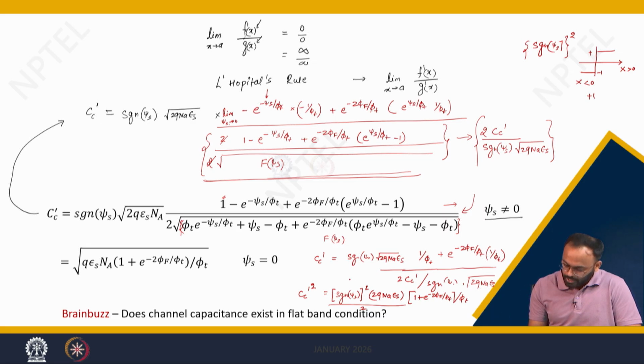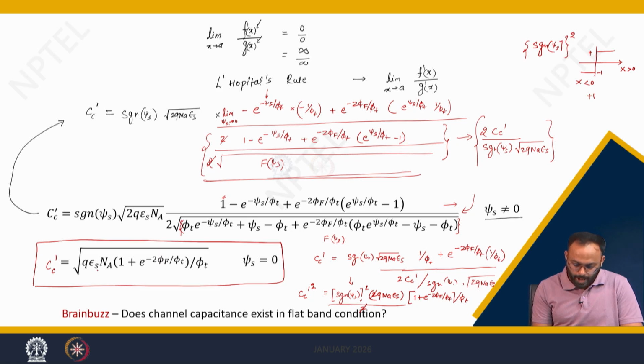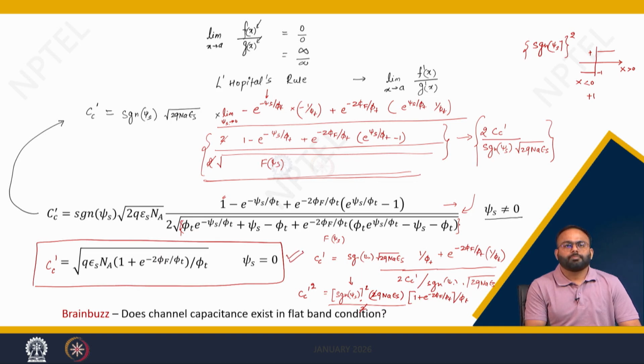So signum square becomes plus 1, this 2 and this 2 get cancelled, and ultimately you will end up with this relation: C c dash is nothing but square root of q into epsilon s into Na into 1 plus e to the power of minus 2 phi f by phi t, over phi t. This holds good for surface potential equal to 0.